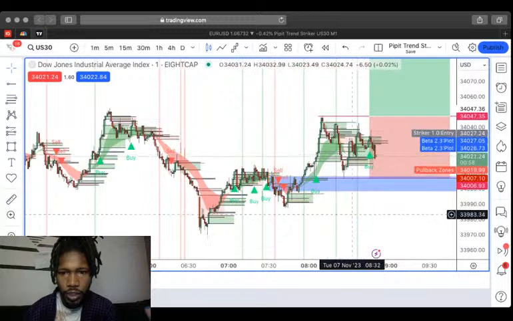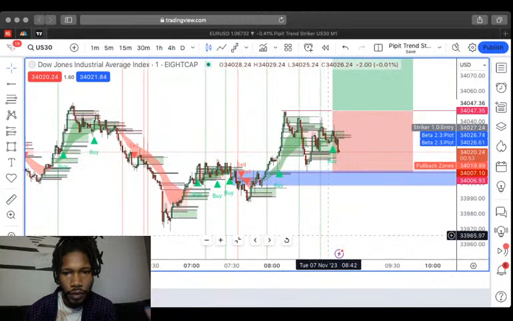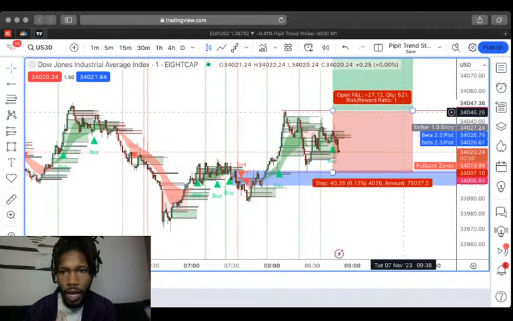If it does break out to the downside, it could possibly be a fake out. So I'm going to look for that fake out and keep an eye on that.